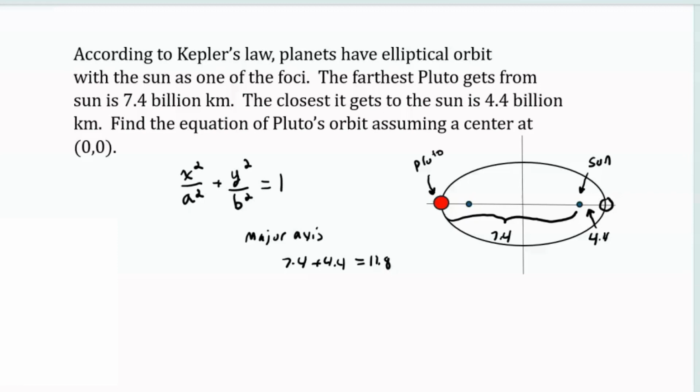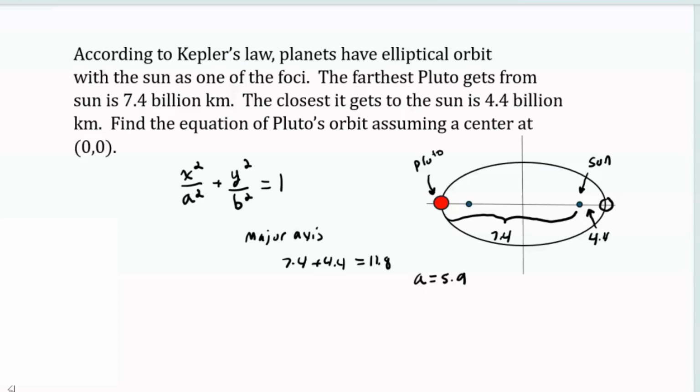So that means if my major axis is 11.8, if I divide that by 2, I'm going to get a equals 5.9. The next thing I want to do is figure out what b squared equals, and I'll have everything I need. In order to do this, I'm going to have to figure out what the c value is.